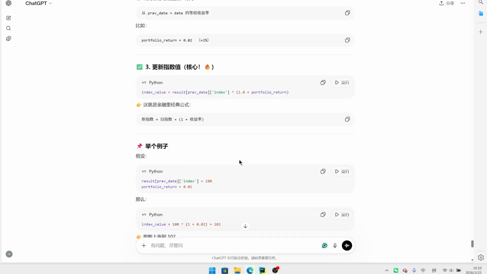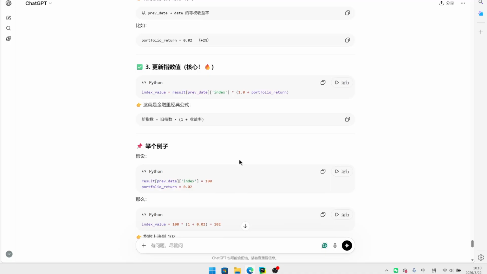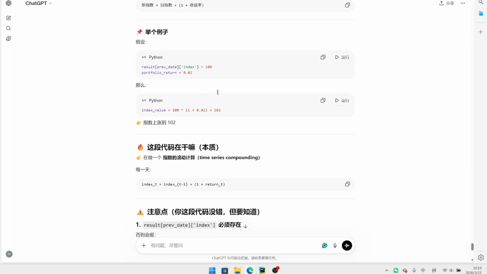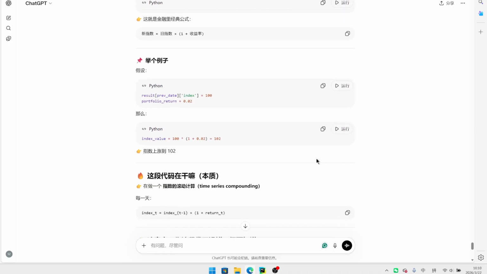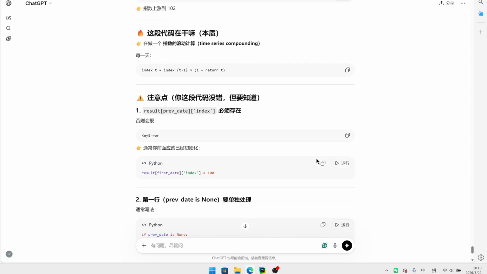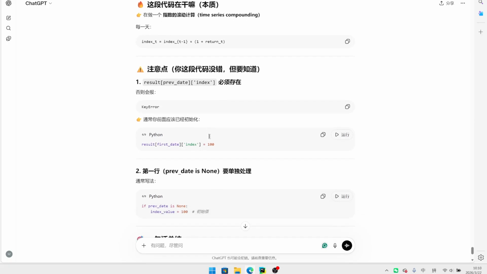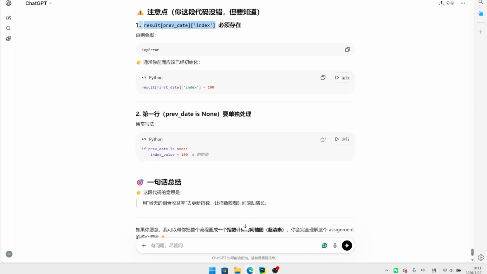For example, index, result probability index, and now I do not fully know what that means.